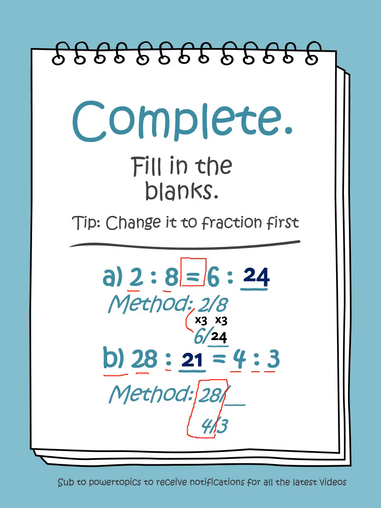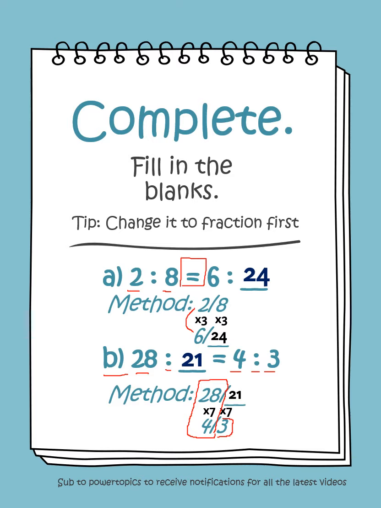We're not going to do 3 first because we don't know what number to multiply the 3 with. So first we're going to solve this part. 4 times what is 28? It's 7. So now we know that we need to multiply by 7, so we're going to multiply 3 by 7 and we'll get 21.